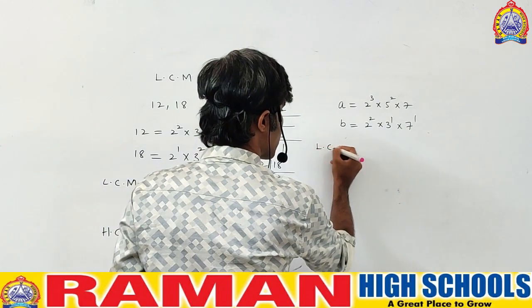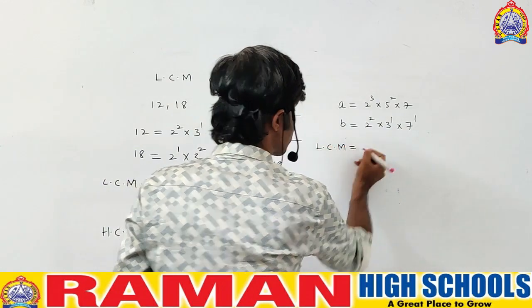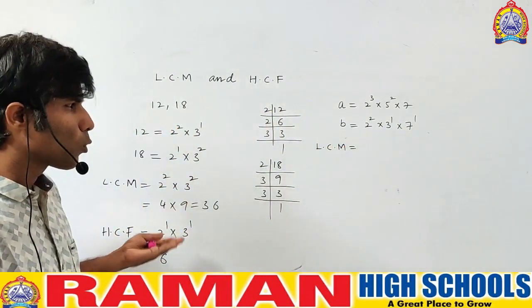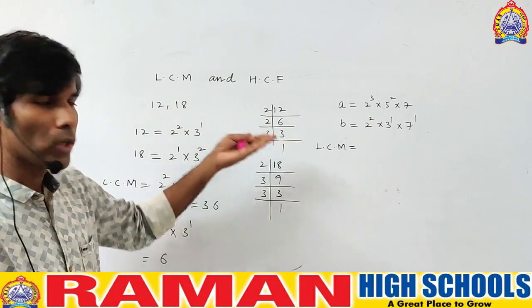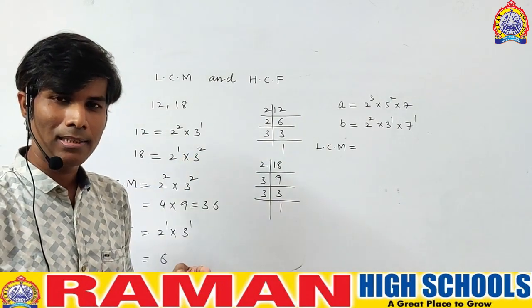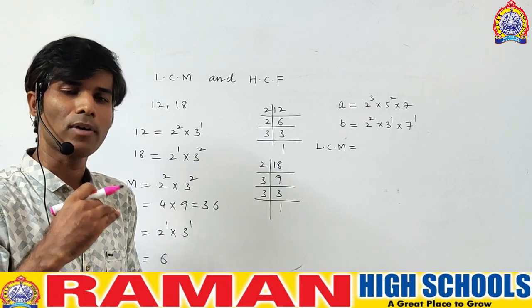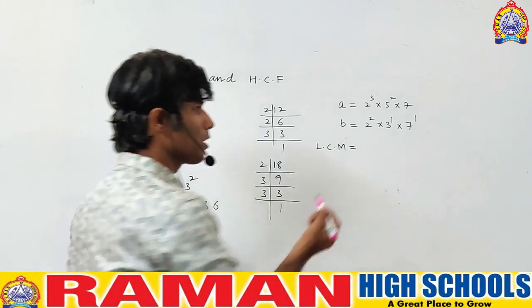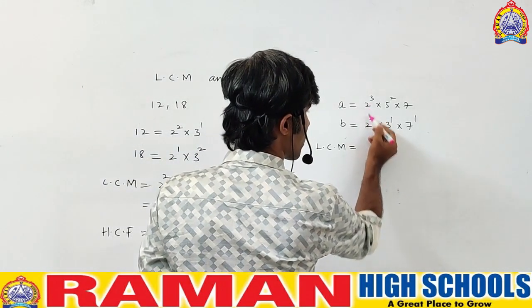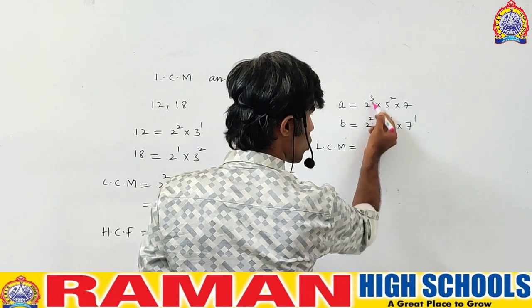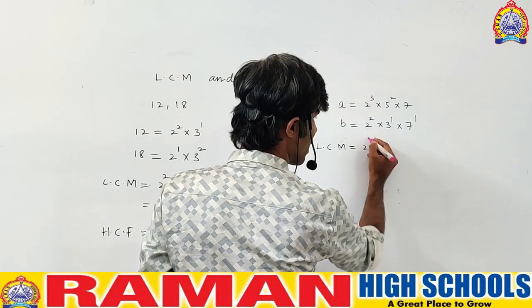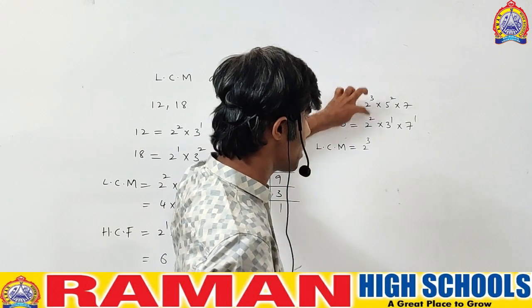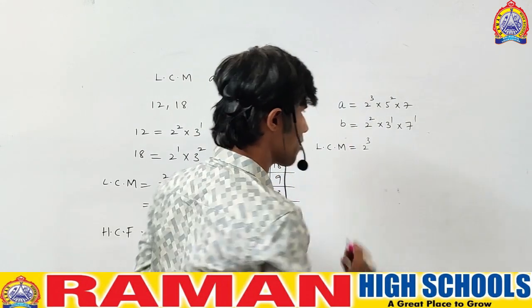Here LCM. I said that to find out LCM, you have to consider the greatest powers of all the prime factors. Here 2 is a prime factor. For the greatest power we have to take 2 power 3, 2 power 2. Greatest is 3.